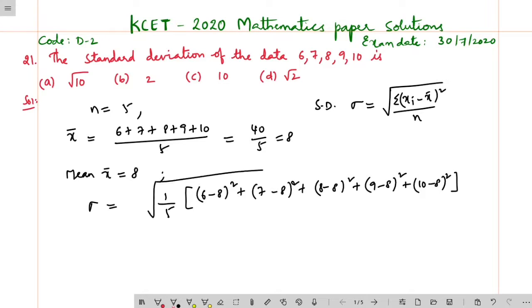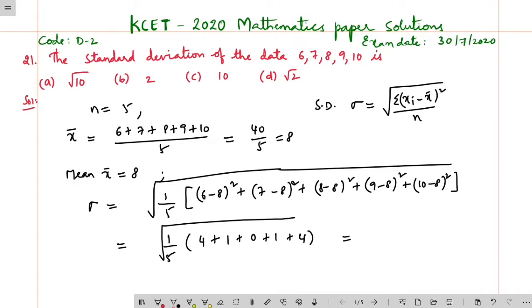So this equals 1 upon 5 times: 6 minus 8 is minus 2, square is 4. 7 minus 8 is minus 1, whole square is 1. 8 minus 8 is 0. 9 minus 8 is 1, square 1. 10 minus 8 is 2, square is 4.